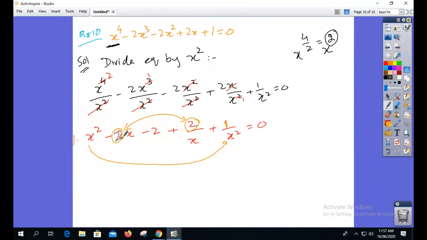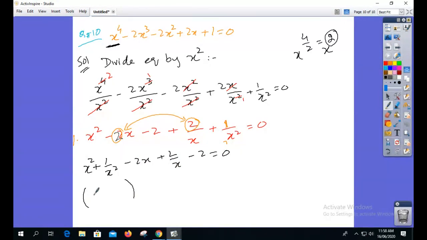Now x square plus 1 by x square minus 2x plus 2 by x minus 2 equals to 0.